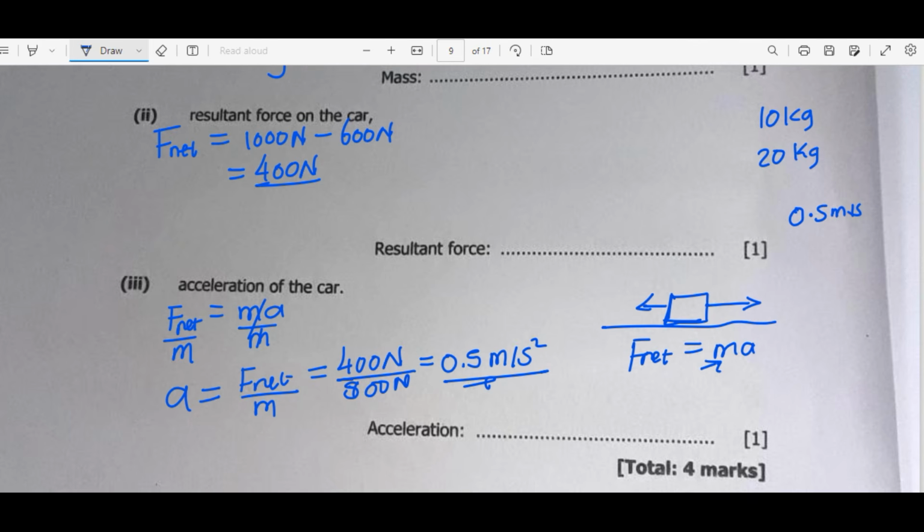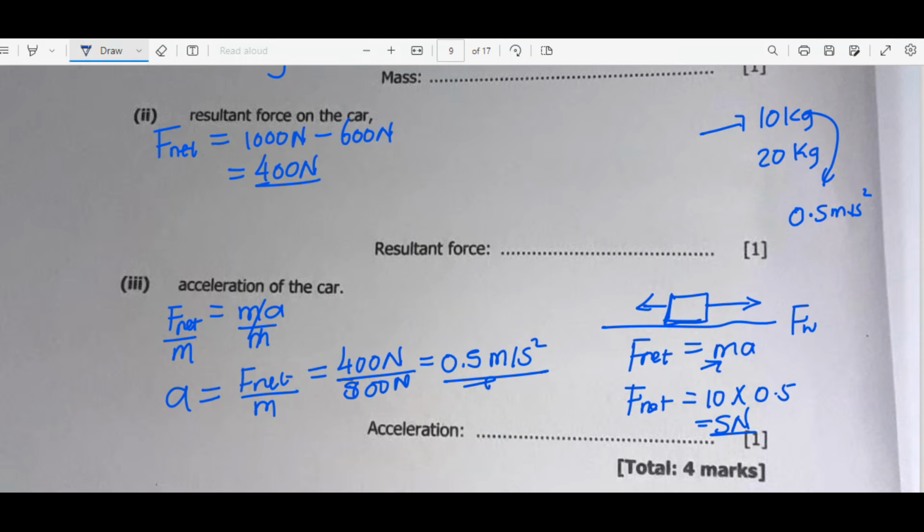So what force needs to be applied on a 10 kg object to produce this? Let's find by calculation. Net force is equal to the mass, 10, times 0.5, which gives 5 newtons. So to produce an acceleration of 0.5 meters per second squared on a 10 kg object, a force of 5 newtons is needed. How much force is needed to produce the same acceleration with a mass of 20 kg?